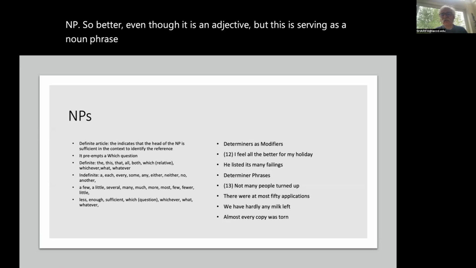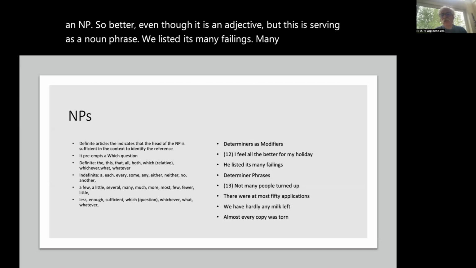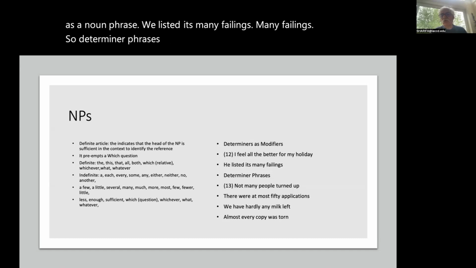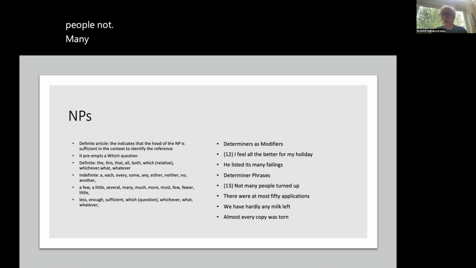We listed its many failings, many failings. So determiner phrases: not many people turned up; not many people would be the NP. There were at most 50 applicants, 50 applicants.